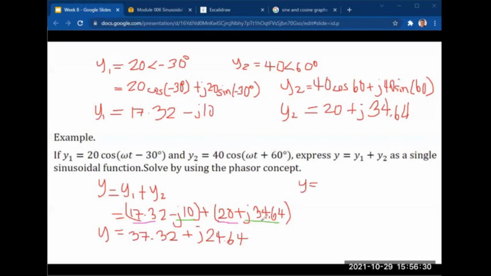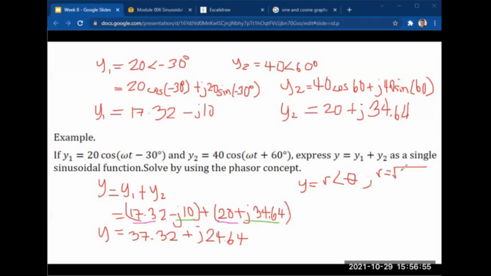So polar form, again, what do you call this one? That is R theta, right? R is the, again, what's the term?